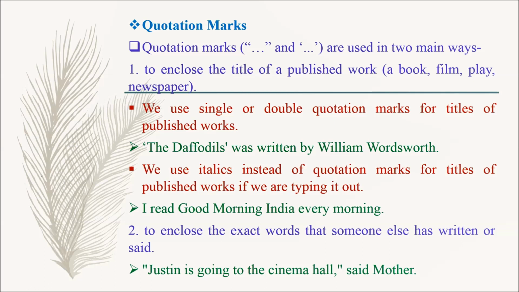"The Daffodils" was written by William Wordsworth. We use italics instead of quotation marks for titles of published works if we are typing it out. Example sentences. I read Good Morning India every morning.